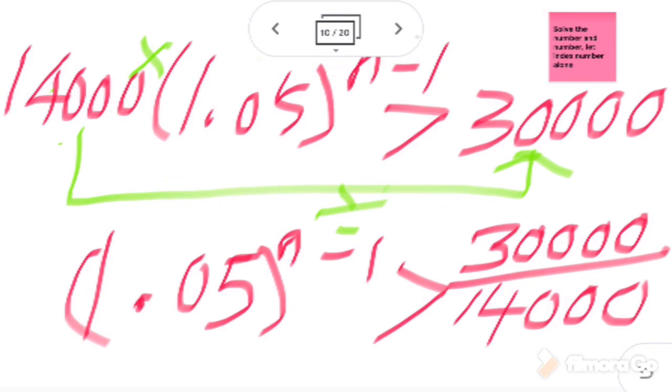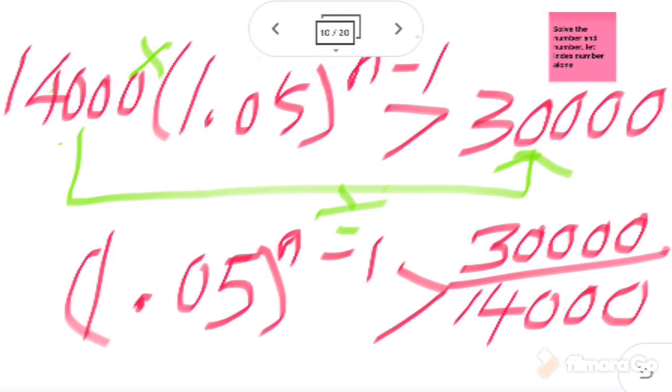Later we have to take log base 10 on both sides, because your bases are not the same. When the bases are not the same, we always use log base 10. After you apply log base 10, you have to apply the power law to bring down the power. The power is n minus 1. You cannot solve using indices because the bases are not the same.